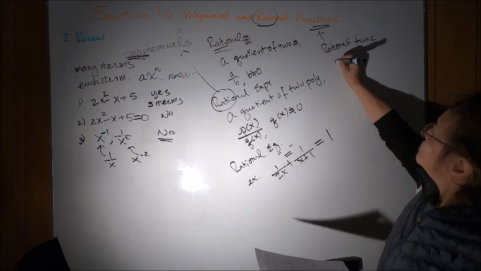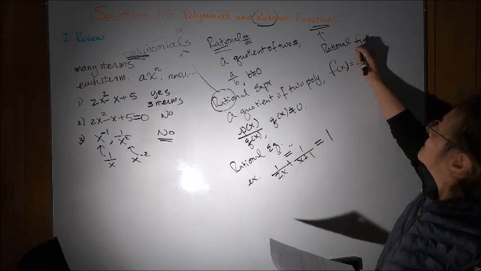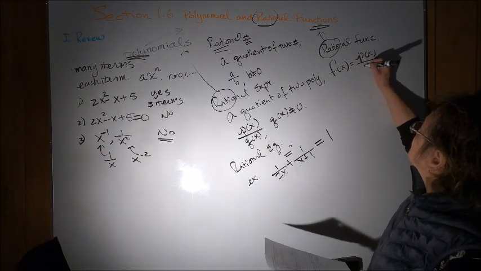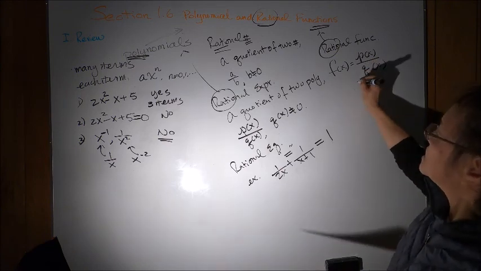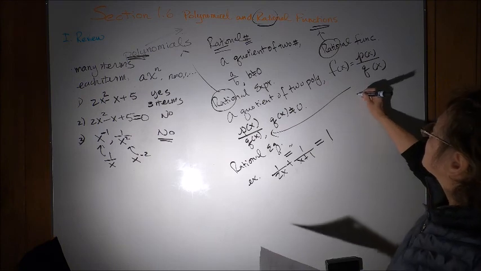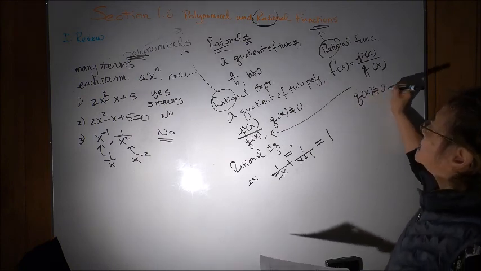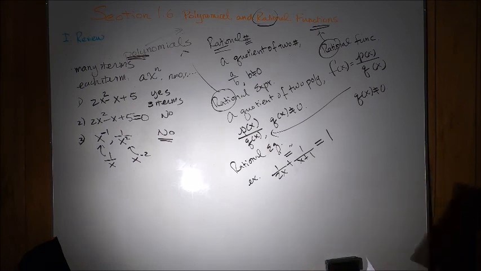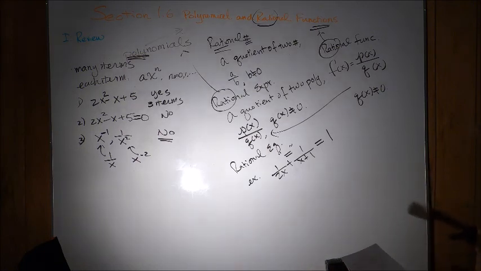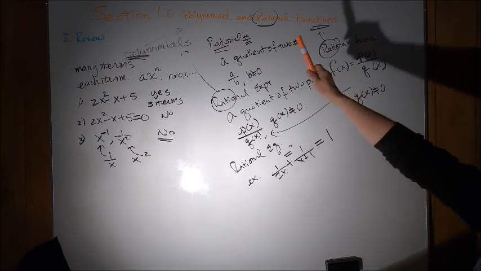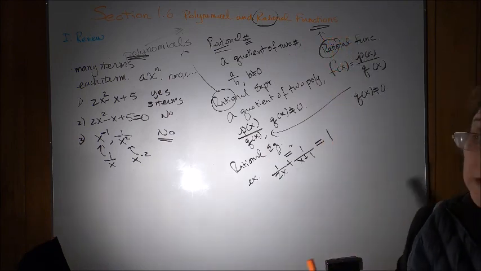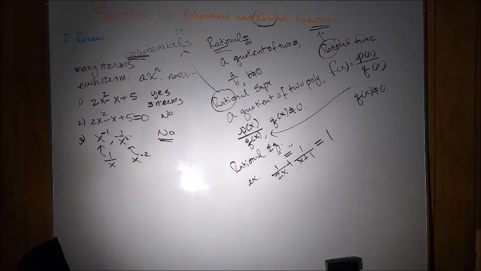So we use function style equals a rational expression, and of course the denominator cannot be 0. Okay? So that's doing it more formally. And we are going to talk about polynomial and rational functions. That's how we will define them.